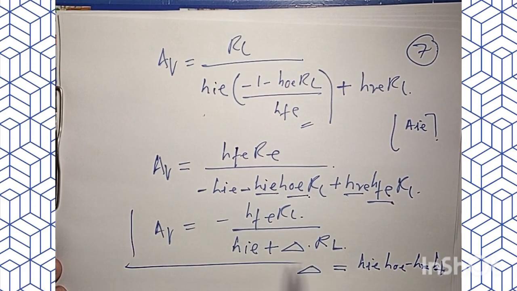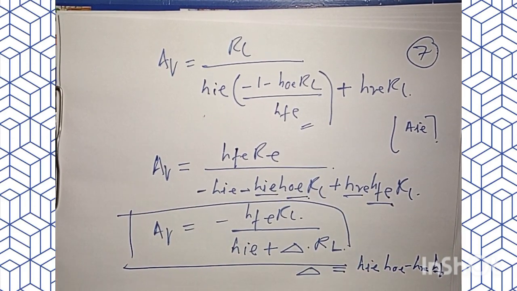So this equation gives me the voltage gain of this configuration in terms of H parameters alone. You can see everything on the right hand side is in terms of H parameters.